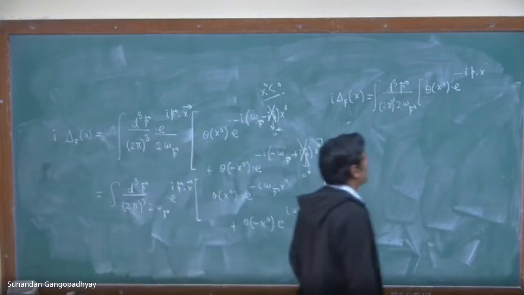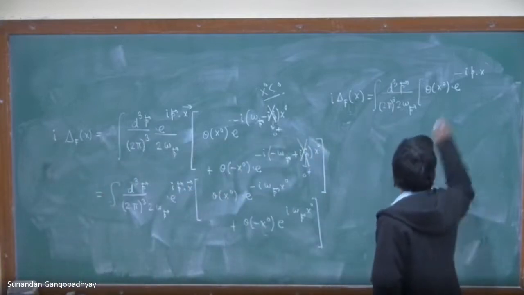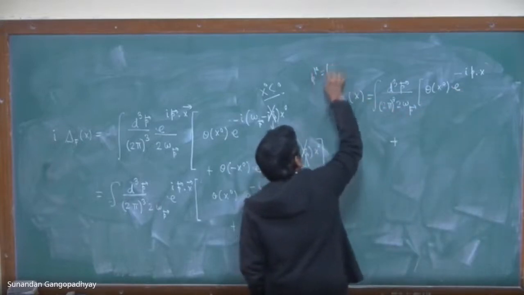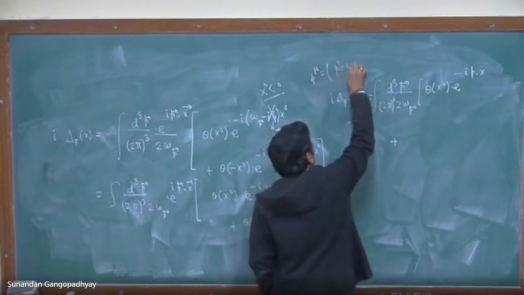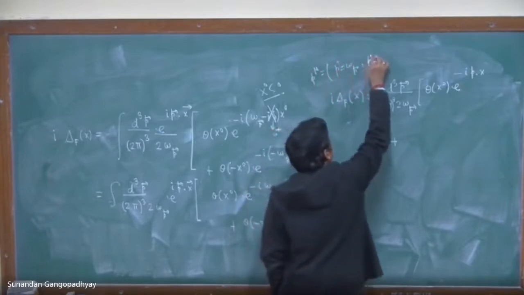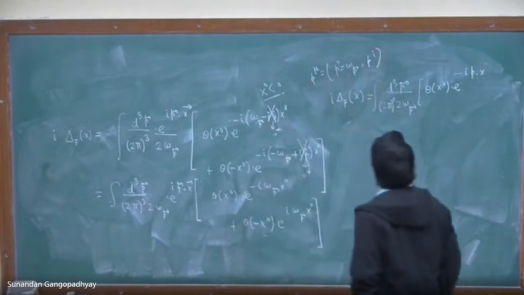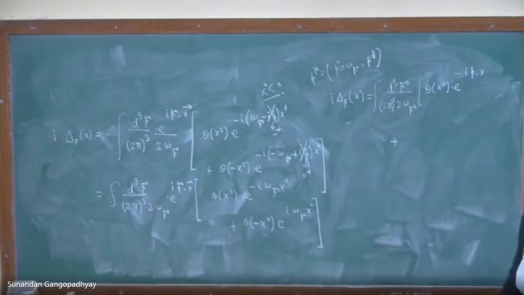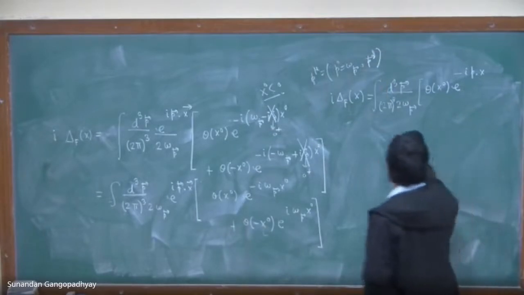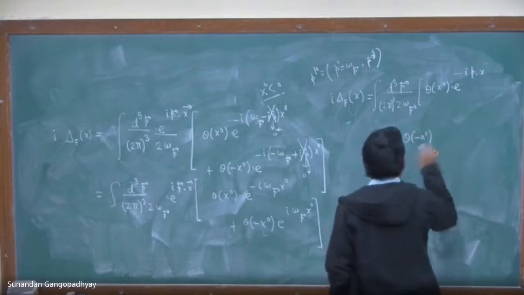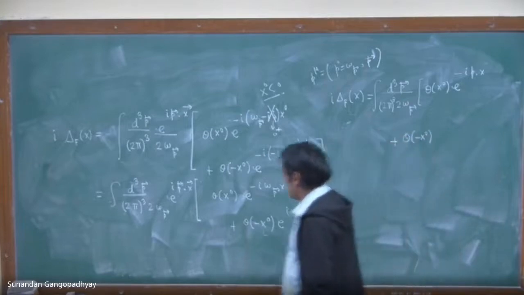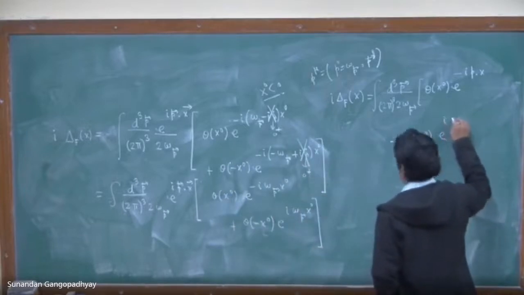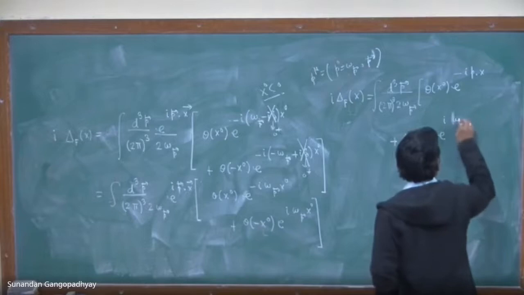P mu is basically P0, but P0 is omega P, and this is P vector, and then we have theta of minus x0, and for this term it is basically I omega p x0 plus I p dot x.